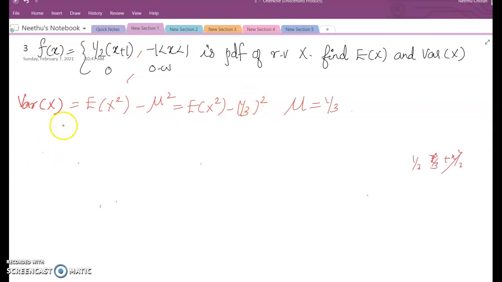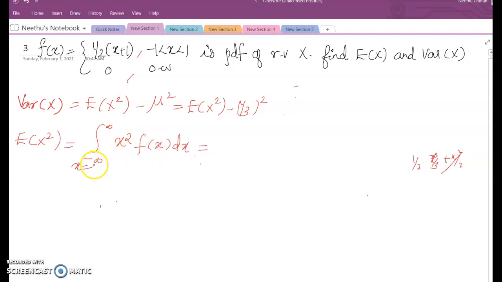This is the equation, since mu is already known. Now we have to find E of x square. E of x square equal to integral from minus infinity to infinity x square f of x dx.